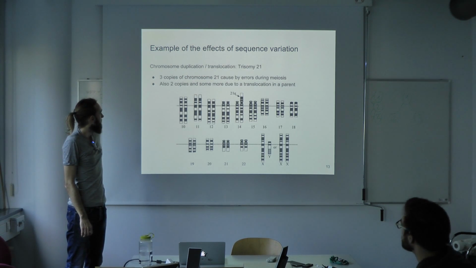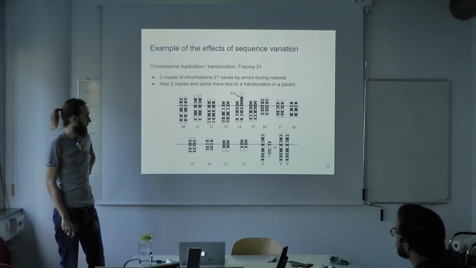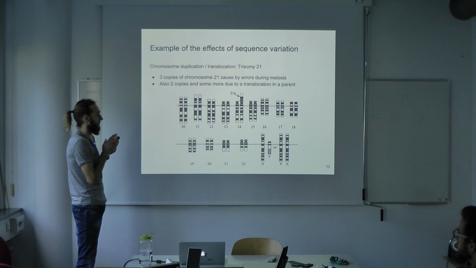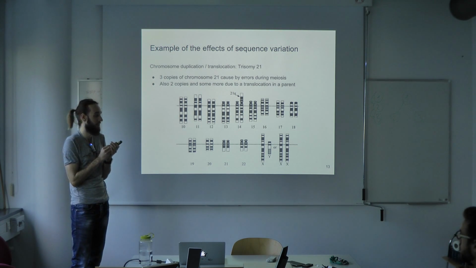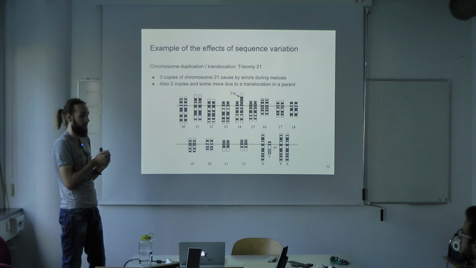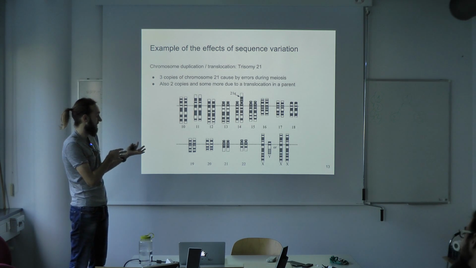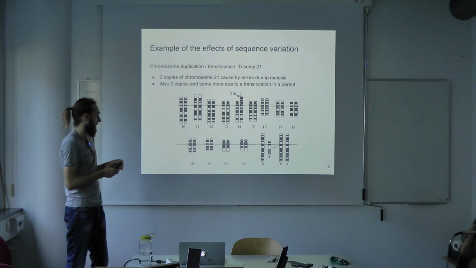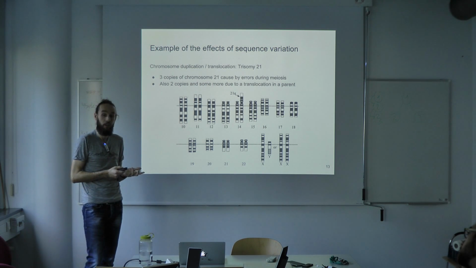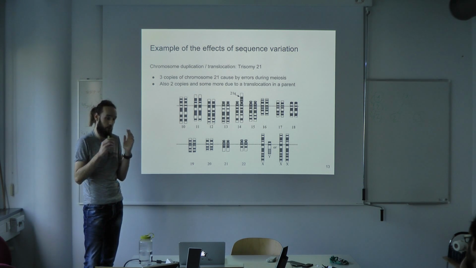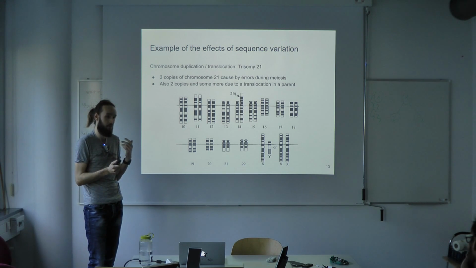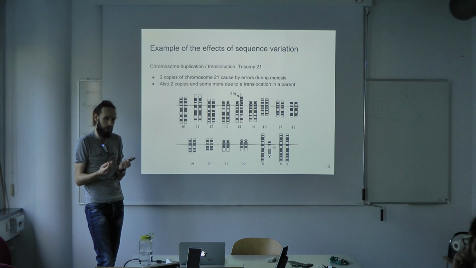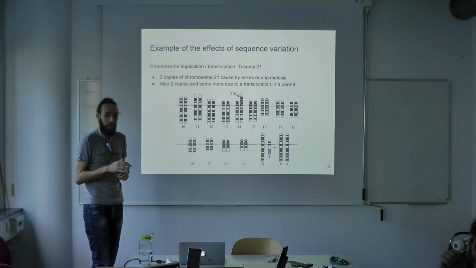Okay, and then one thing for a huge change on the level of chromosomes, trisomy 21 you're probably aware of, or also called Down syndrome. I talked about translocation, so there's different ways you can get this. One, the problem is that there are 3 copies of chromosome 21, and that has a huge effect on the organism because it completely messes up regulation. You suddenly have like 3 copies of the gene, and this doesn't work at all.